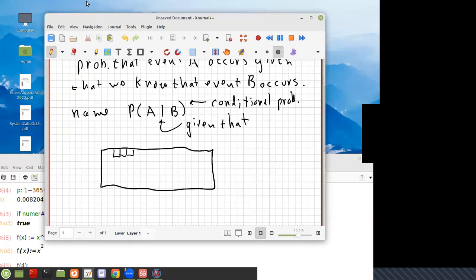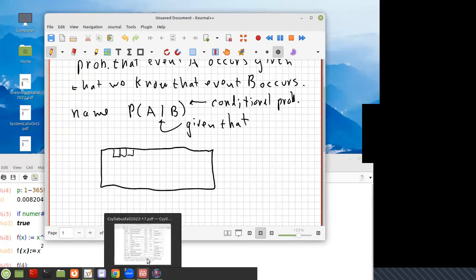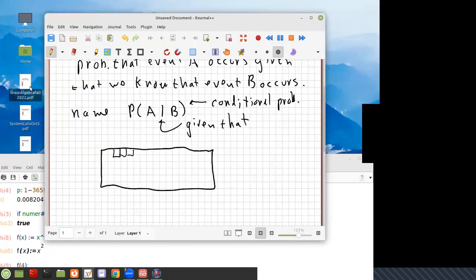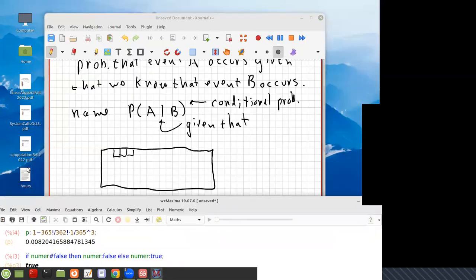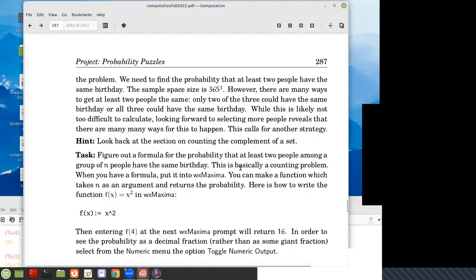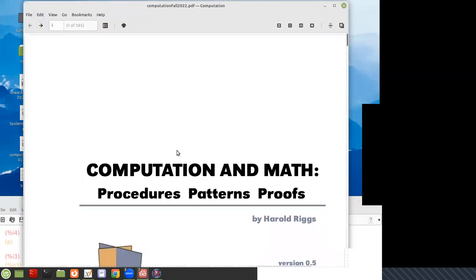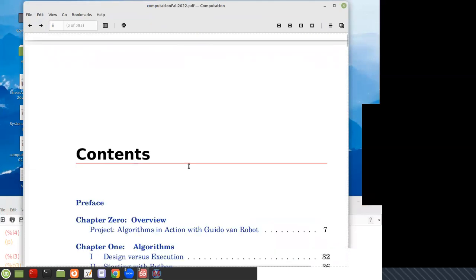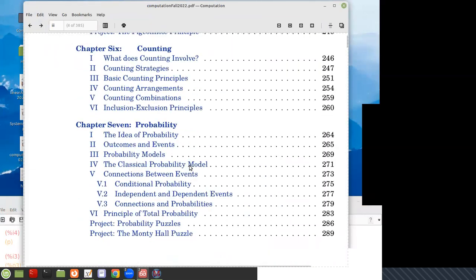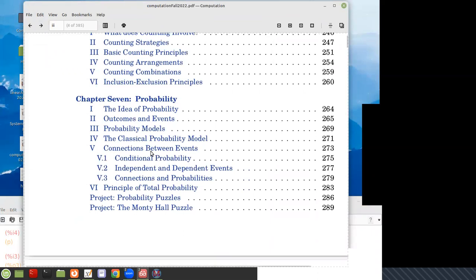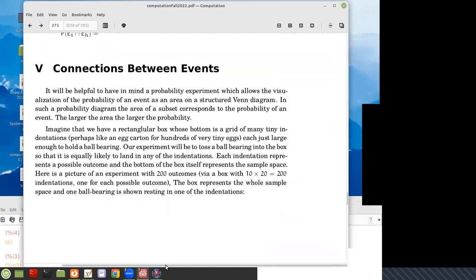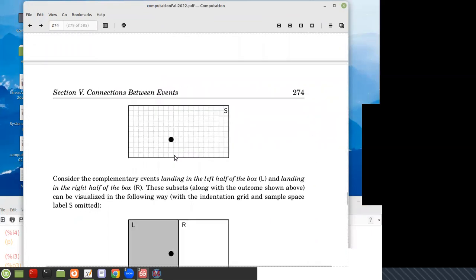Let's look at the particular situation in the text. Here's our model. We have a box with little squares.